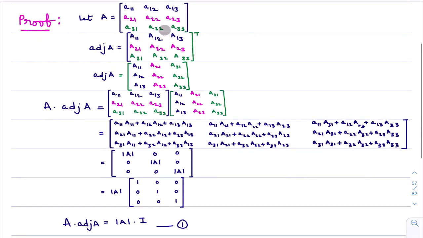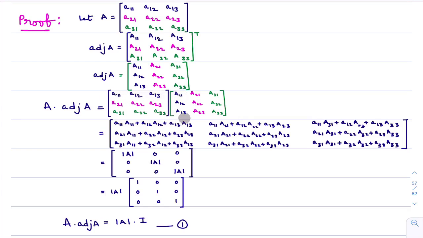See here, the matrix A into adjoint A. First I'll write matrix A. Adjoint A is there, now that A I'll write. In the Matrices chapter, you know how to multiply two matrices. It is a must. I cannot explain in detail here how to multiply matrices, so please go through that matrix multiplication. How to multiply here?